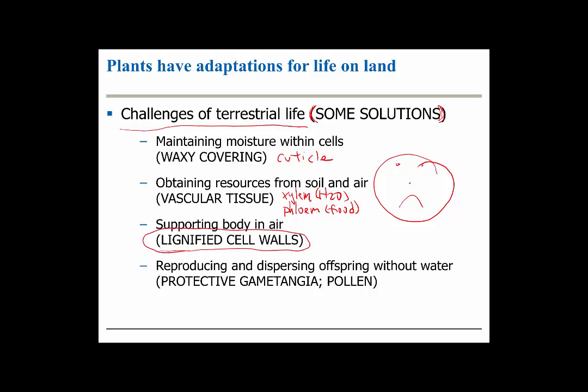A feature that is actually present in all plants is the one that is not super well explained by the term protective gametangia. What I'd like to explain about that is that the egg and the developing embryo are kind of delicate, sensitive, vulnerable stages in the life cycle.